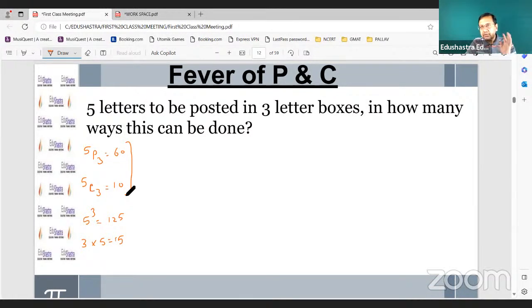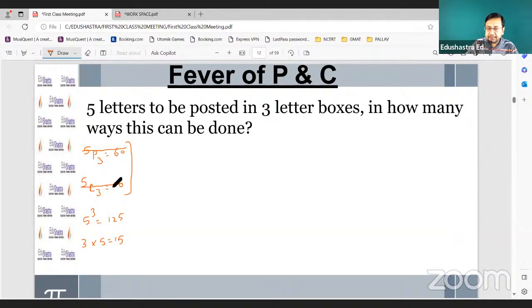So there is no way that you can distribute 3 Munch out of the 5 Cadbury chocolates, right? So the same thing is here. What is 5? Letters. What is 3? Letter boxes. So from letters, how can I select or pick letter boxes? Right? There is no way. So this is not correct.